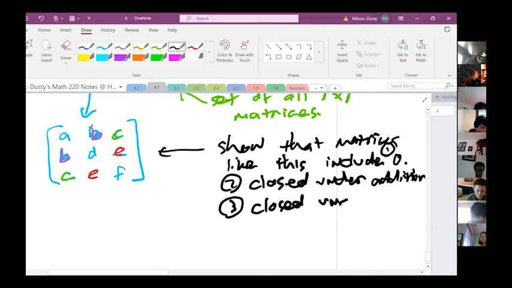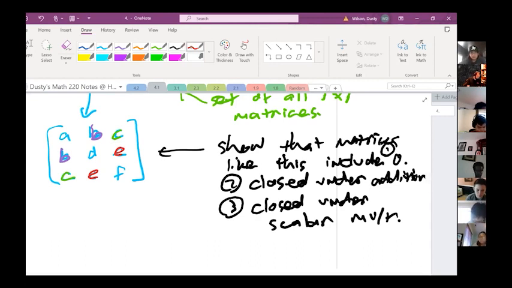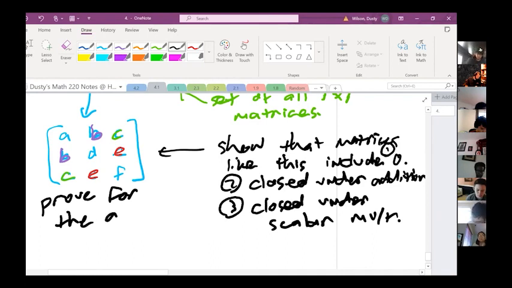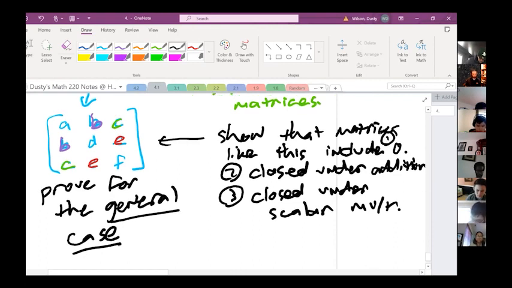Closed under scalar multiplication. So you want to choose the general case, so kind of the punchline. And when I say general case, what I'm saying is don't choose numbers. You want to keep letters in there. You want there to be A, B, C's, D's, things like that in your arbitrary vectors.